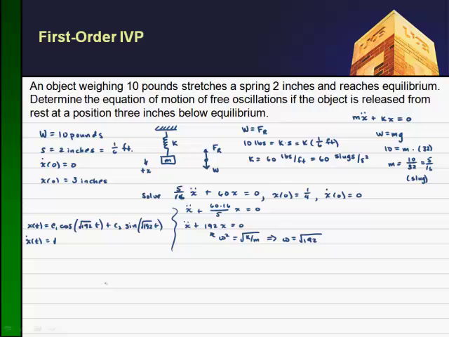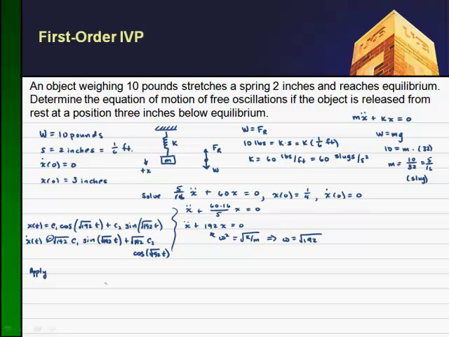So I get minus root 192 c1 times the sine of root 192 t, plus root 192 c2 cosine root 192 t.